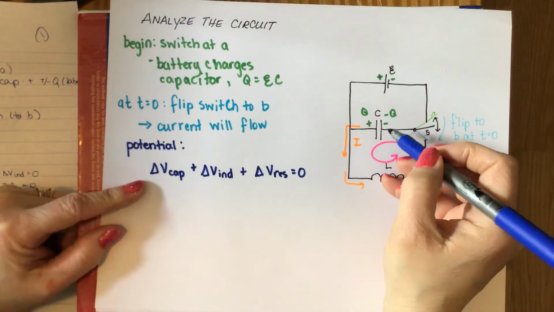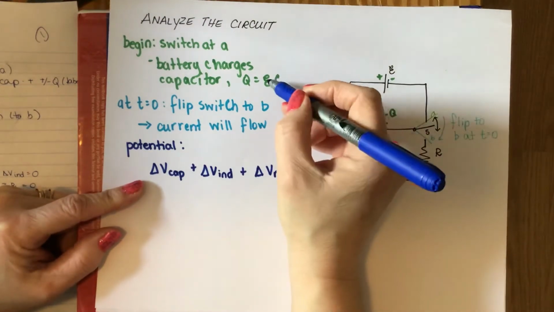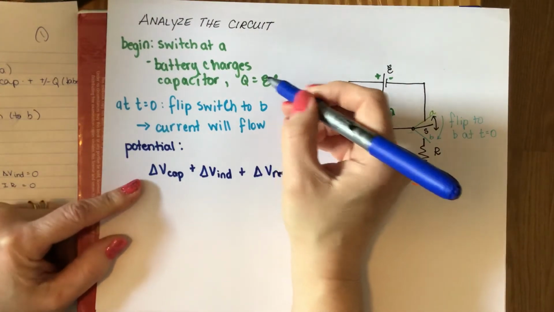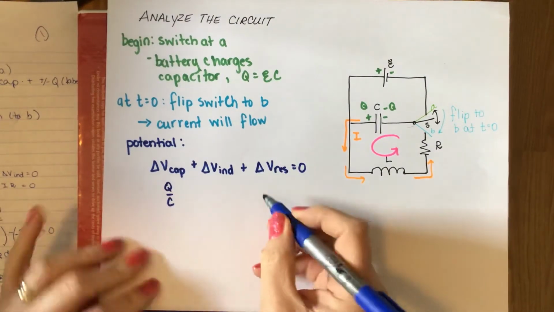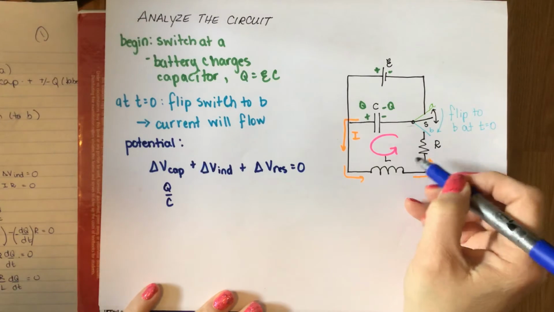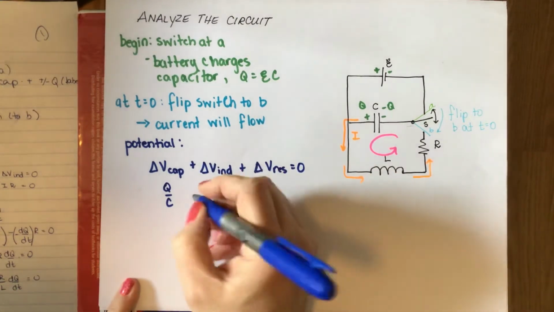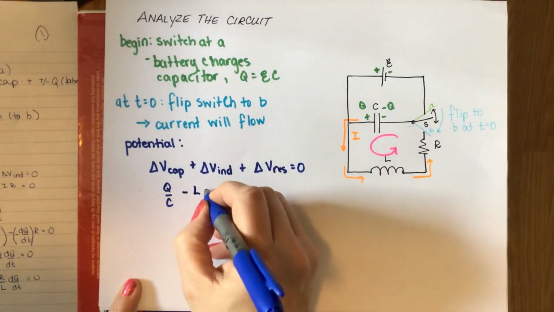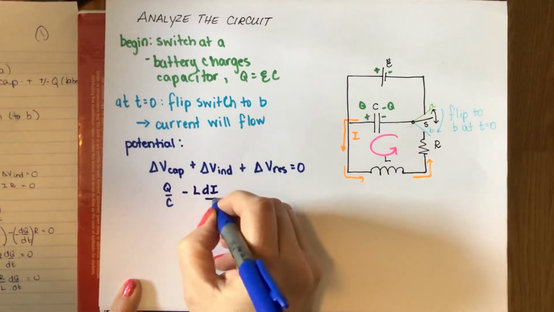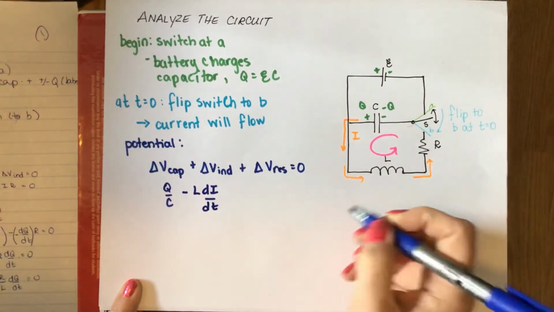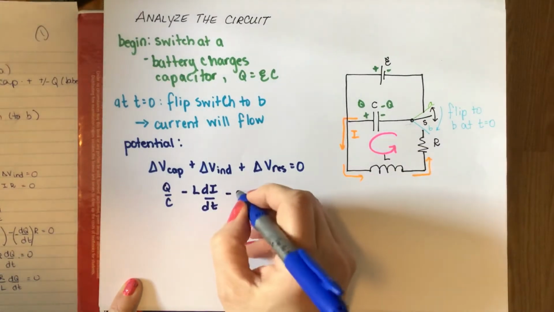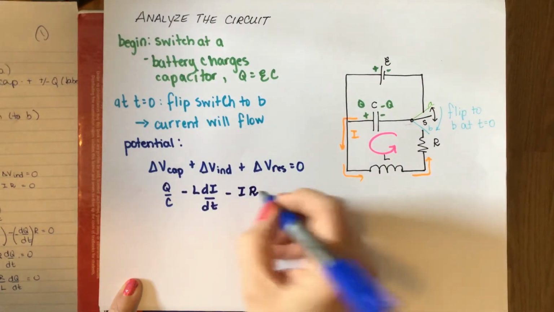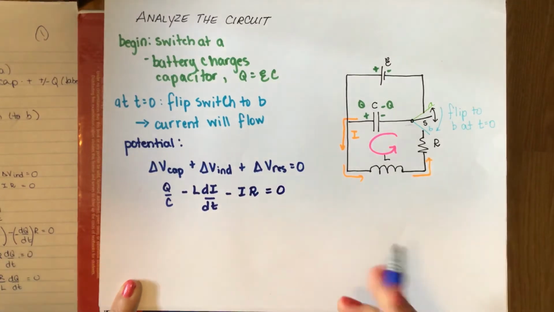The capacitor is a potential supply, with a potential of epsilon, which is equal to Q over C. For the inductor, the potential is minus the inductance times the change in current over the change in time. And across the resistor it's a potential drop, so we have minus I times R equals 0.